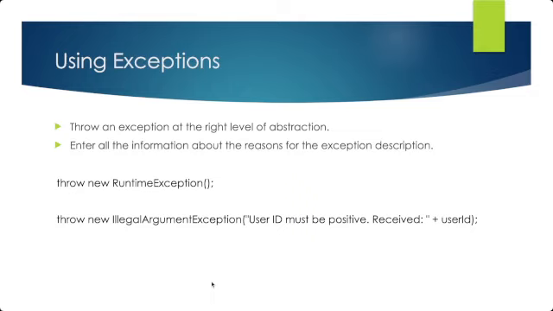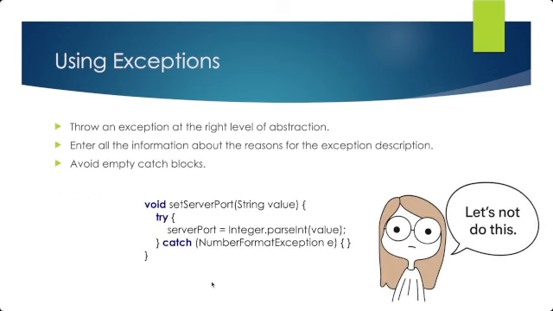So how can we change the situation? The second is correct because here we have a description: user ID must be positive, and we have the bad variant which we had before. That's why when you create your own exception, it's better to add all the information.